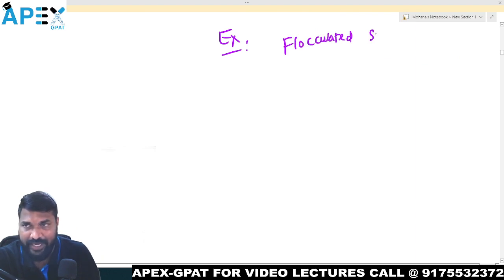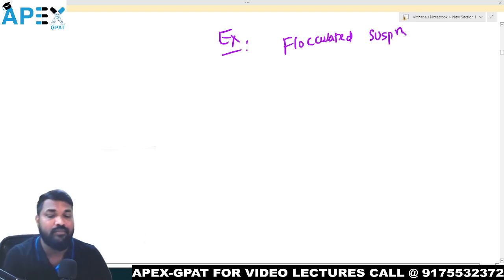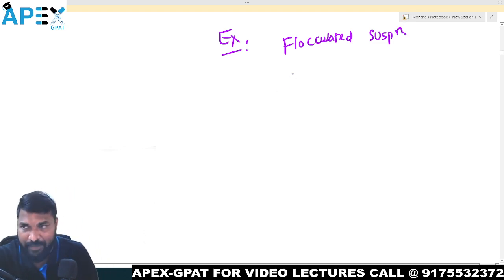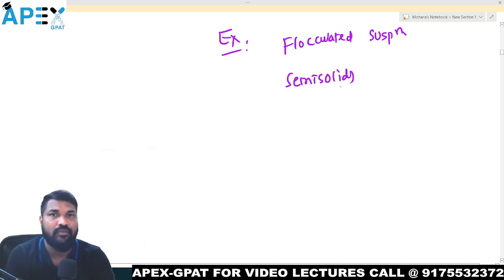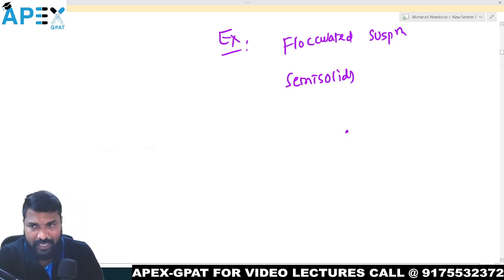This is a very, very important thing. Other than this, some semi-solids, like, you know that in the semi-solid, there is a cross-linking of the polymers. This is one polymer and this is the other polymer.